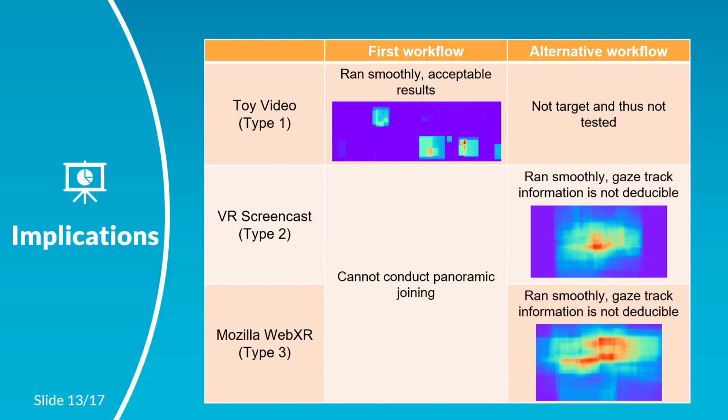However, the panoramic joining process is vulnerable to cases with inconsistent background changes. Thus, it cannot be used on Type 2 and 3. On the alternative workflow, we did not test on Type 1 since it's unnecessary. But for Type 2 and Type 3, although it ran smoothly, the needed information of gaze tracking is not easily deducible. This makes the alternative workflow inappropriate for VR gaze tracking.